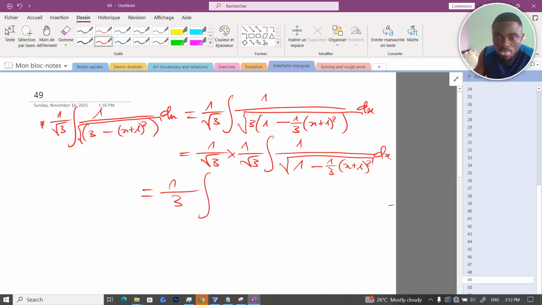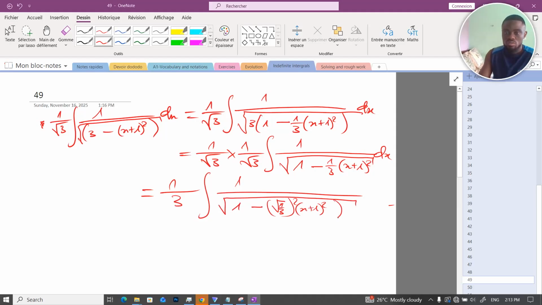Integral of 1 all over the square root of 1 minus root 1 on 3 squared times (x plus 1) squared. Let me close the brackets here. Is that okay? Because if you square this, this comes back to this.